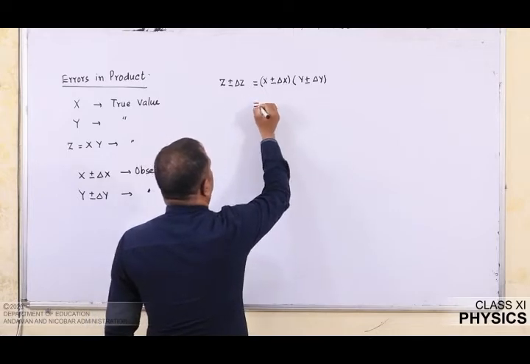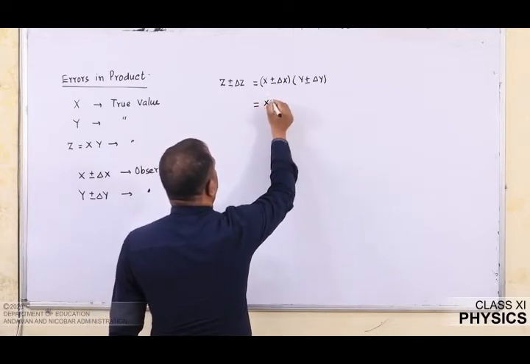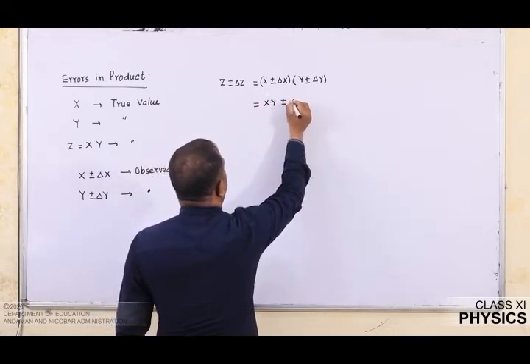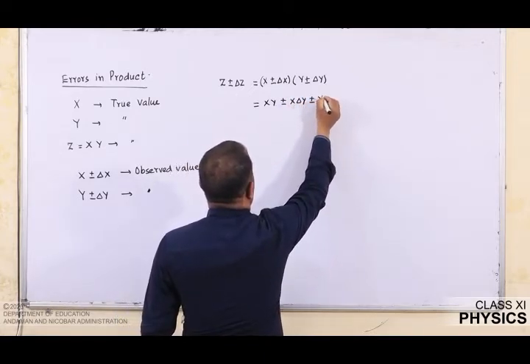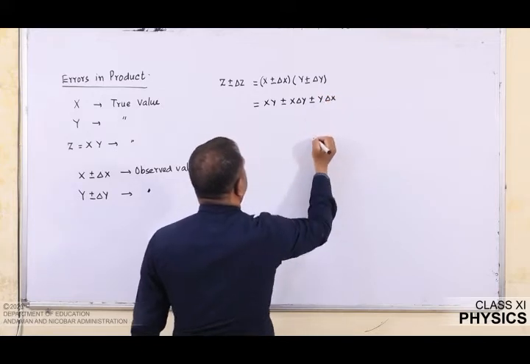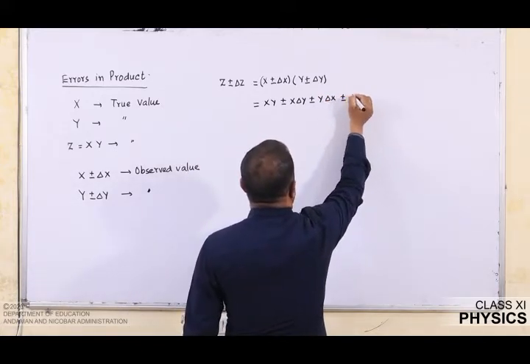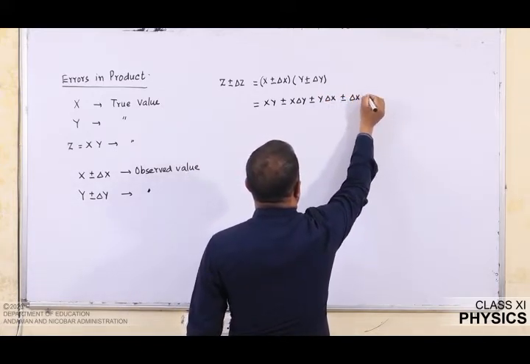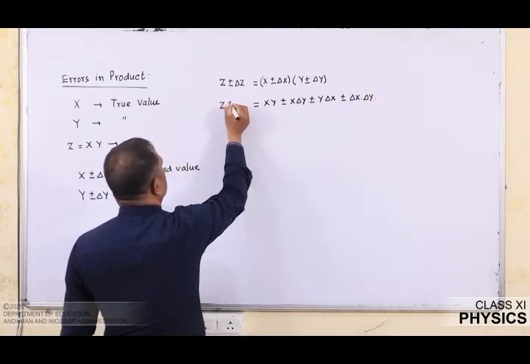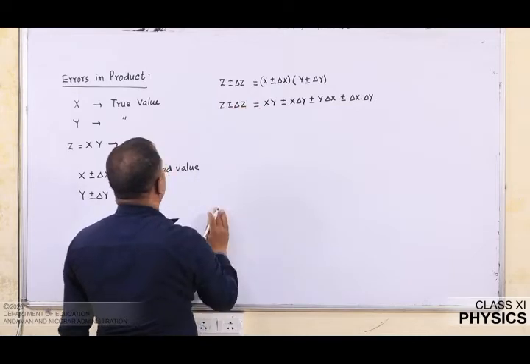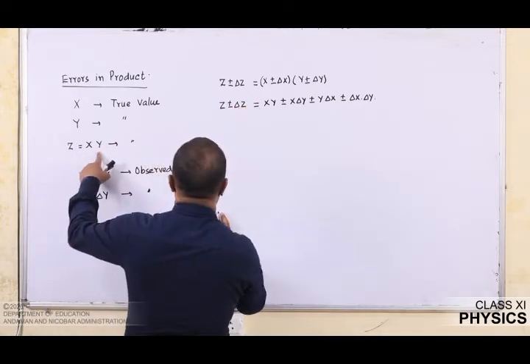Now, when we open the bracket and find the product, this will be x into y plus or minus x times delta y plus or minus y times delta x plus or minus delta x times delta y, and this is equal to z plus or minus delta z. We know z is equal to x into y.